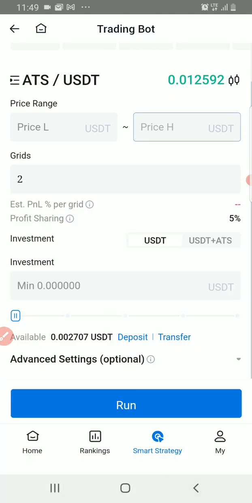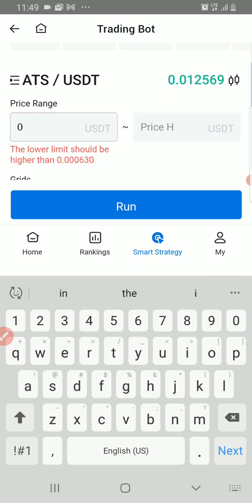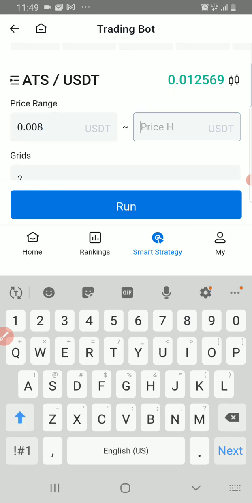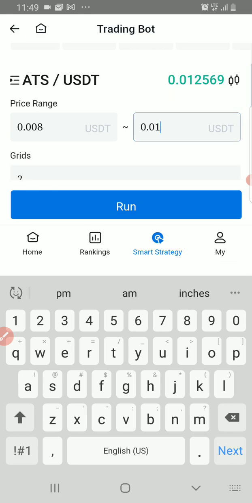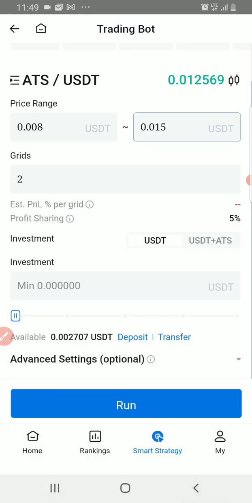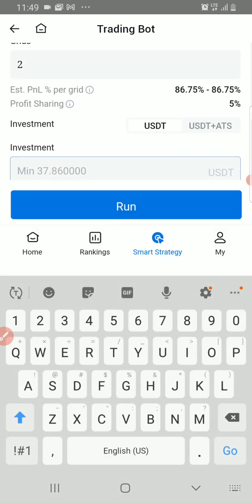So we can decide to say the limit price is 0.008, and the higher price, we actually don't know the higher price, but we'll just say 0.015. So you can use that, and then we come here, our USDT.